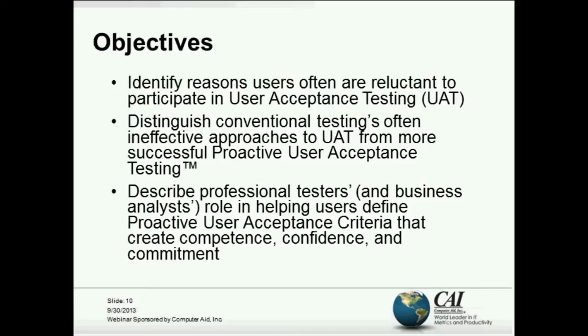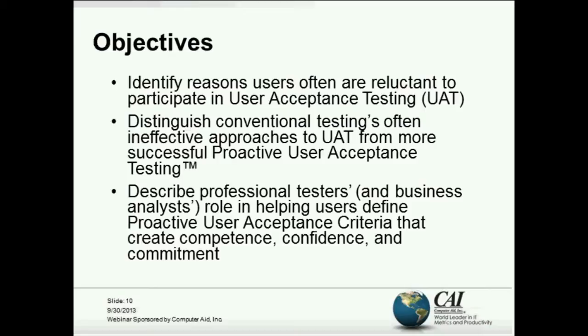First of all is to identify some of the reasons that users often are reluctant to participate in UAT. Secondly, to distinguish conventional testing approaches, which are often ineffective, from some more successful proactive user acceptance testing approaches. I think you'll see why they're more effective.